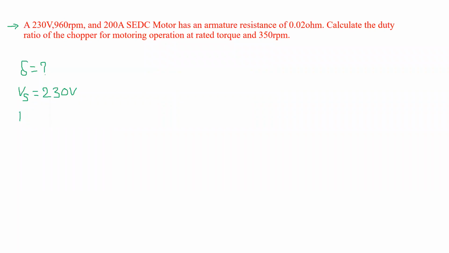And N is equal to 960 RPM. Whatever the speed of the DC motor at rated operation, that can be considered as N1.